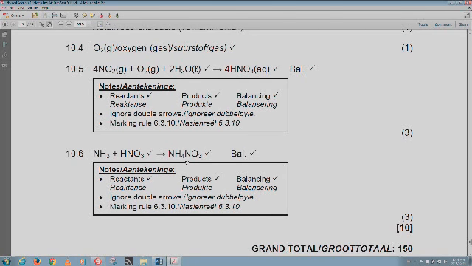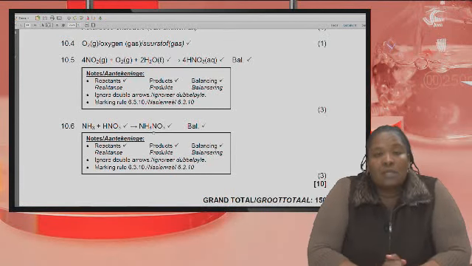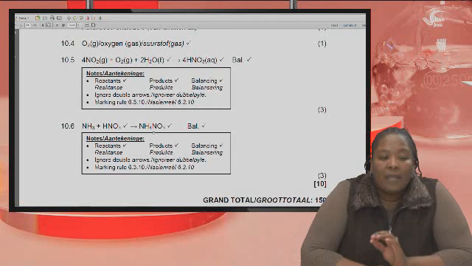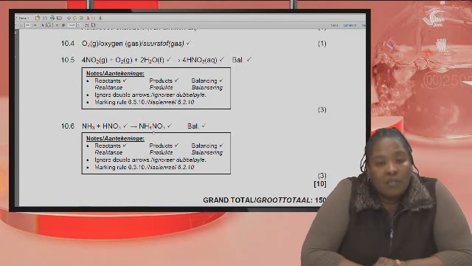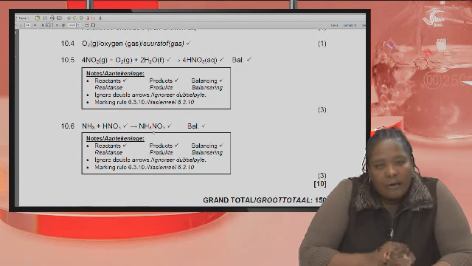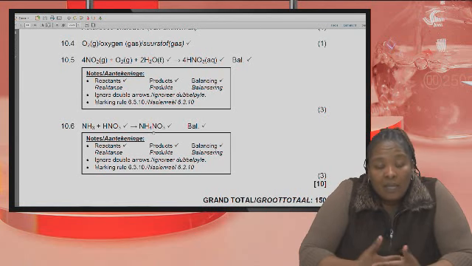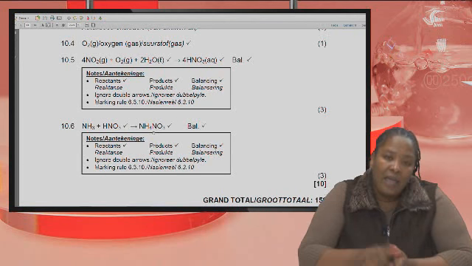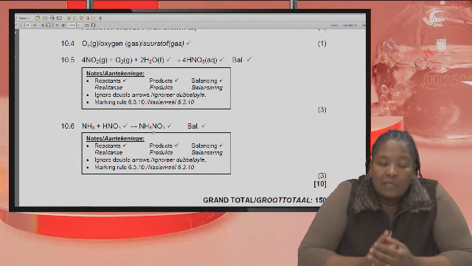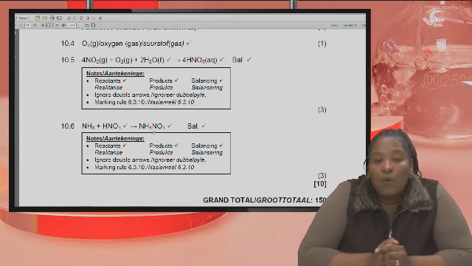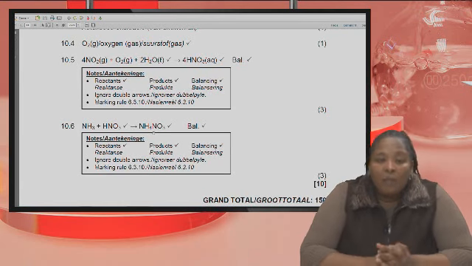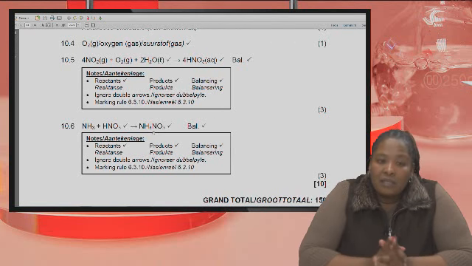Now that brings us to the last part of our memo discussion. Colleagues, I hope you were able to see how you are supposed to mark and what it is that you are supposed to do and how you are supposed to give marks. And please ensure that you put the tick exactly where the correct answer is, so that the learner knows where he or she is correct, and put the cross where he or she is incorrect, so that they know what to rectify at the end of the year, and penalize accordingly where it is necessary.